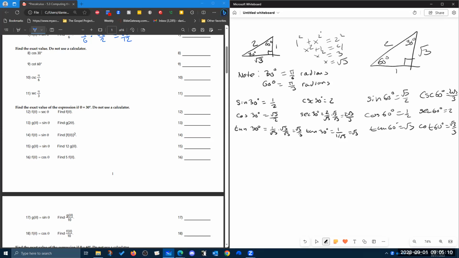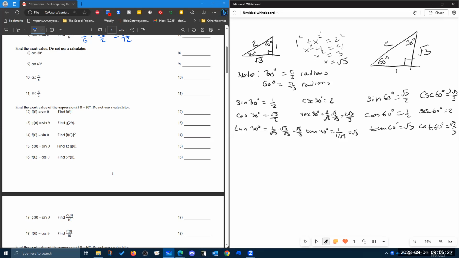The tangent of 30 degrees needs to be the same thing as the cotangent of 60 degrees. The cosecant of 30 degrees needs to be the same thing as the secant of 60 degrees. The secant of 30 degrees needs to be the same thing as the cosecant of 60 degrees.